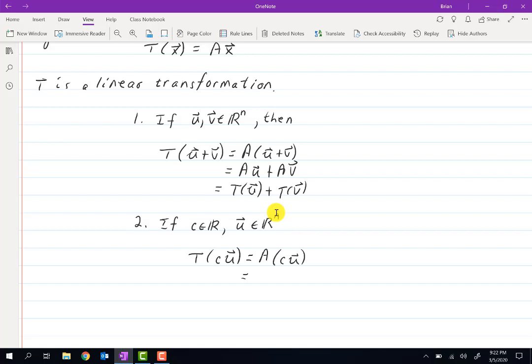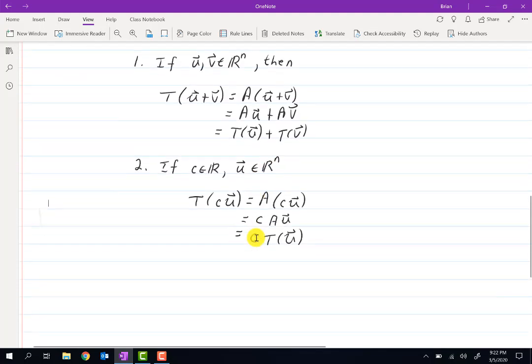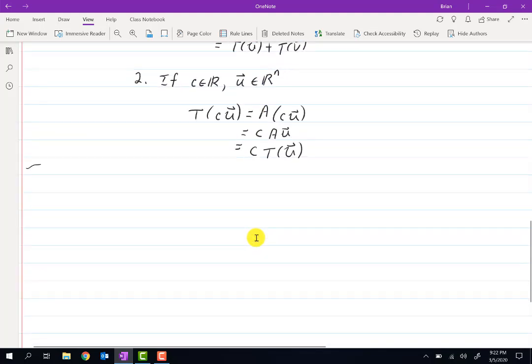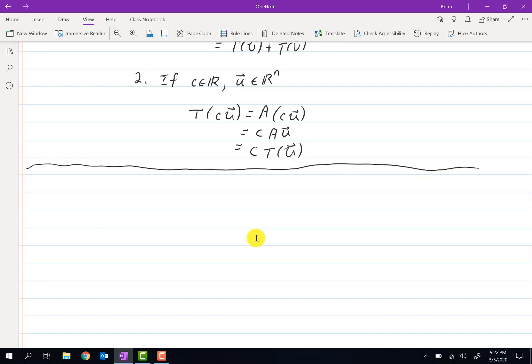I can factor the C out front, so it's C times AU, which is C times T of U. So it preserves that multiplicative closure property as well. So this is probably the most famous of all the linear transformations. We'll be using it a lot before the semester is out. Now I want you to notice something here.